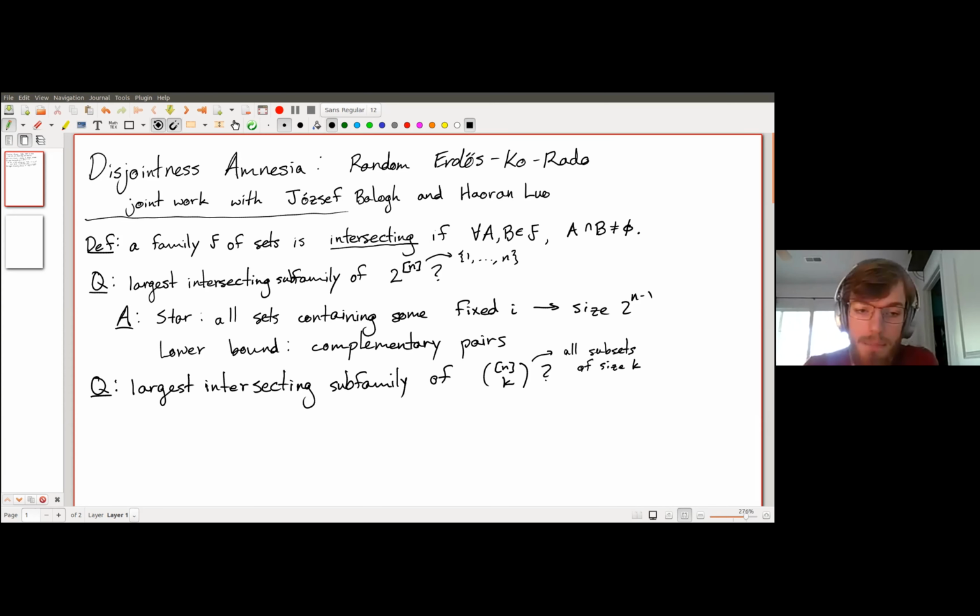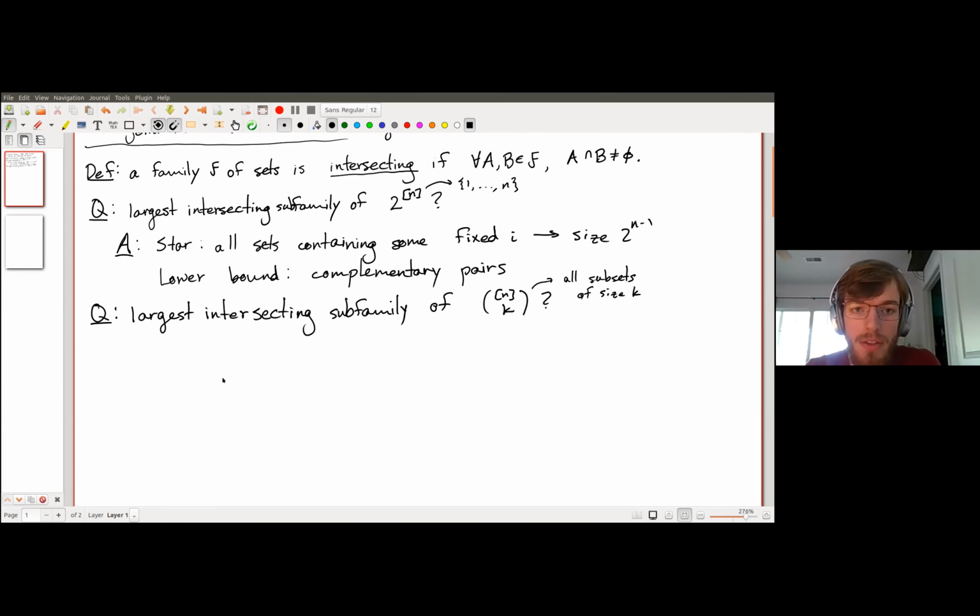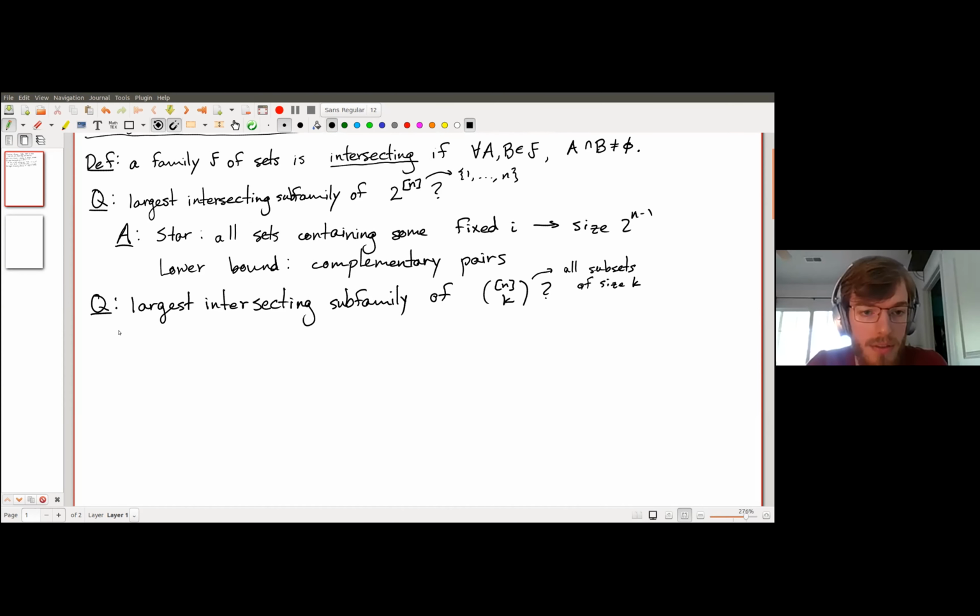Now the answer to this question depends slightly on the values of n and k, how they compare to each other. So let's think for a moment. If n is less than 2k, then if you take any 2 sets of size k in the integers 1 up to n, they will intersect, right? So the answer is just n choose k. You can take every single subset and it's an intersecting family.